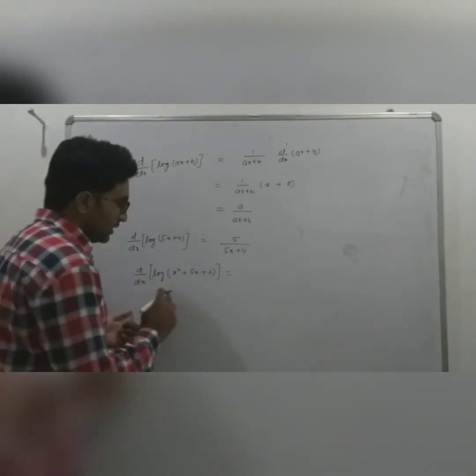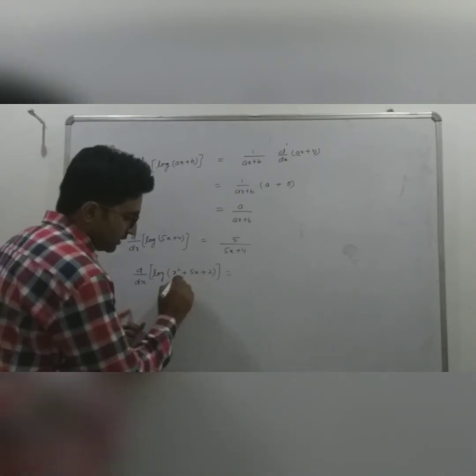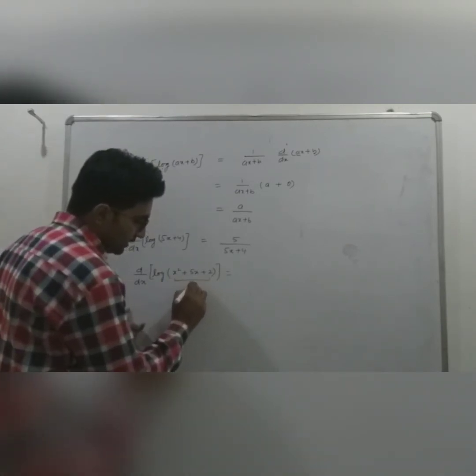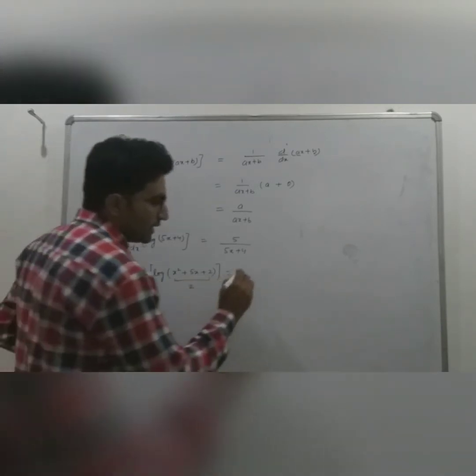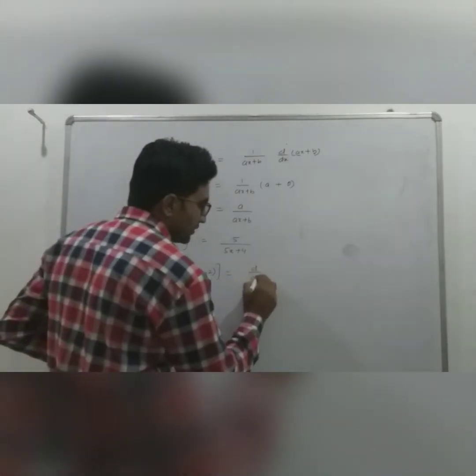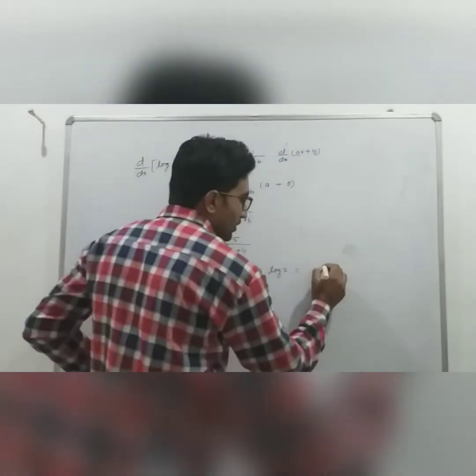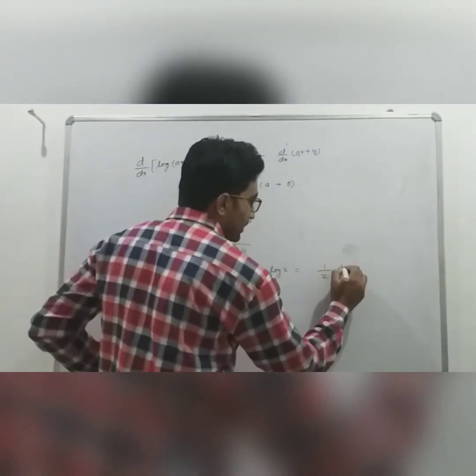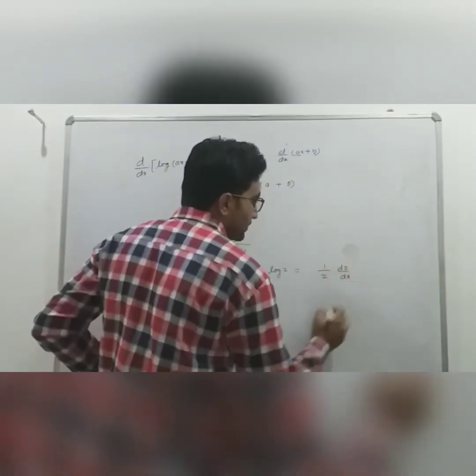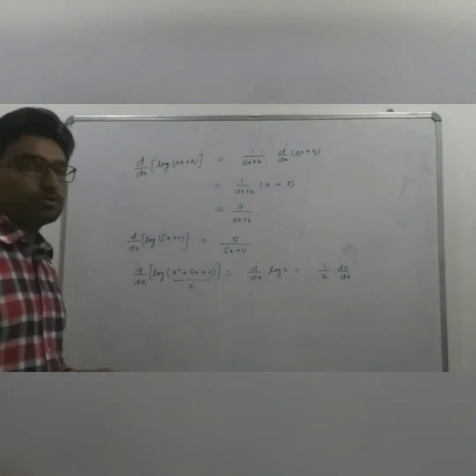So let us consider the expression inside as a function z. We can write it as d by dx of log of z, and it will be equal to 1 by z and dz by dx, the differentiation of z with respect to x.